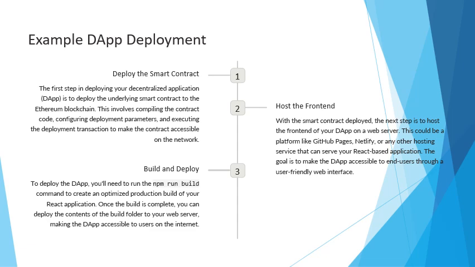Here is an example of the DApp deployment. The first step is to deploy the DApp's underlying smart contract to the Ethereum blockchain. This involves compiling the contract code, configuring deployment parameters, and executing the deployment transaction to make the contract accessible on the network.